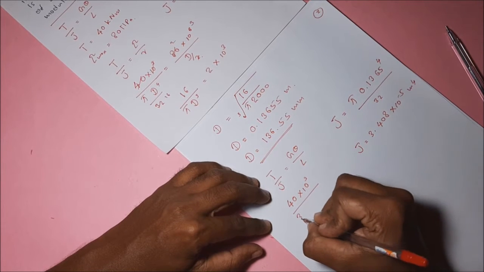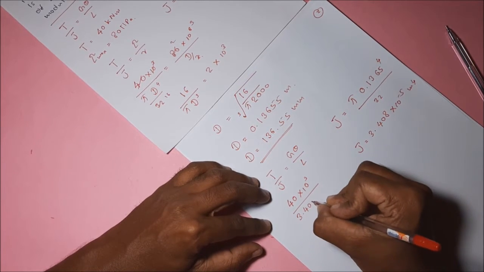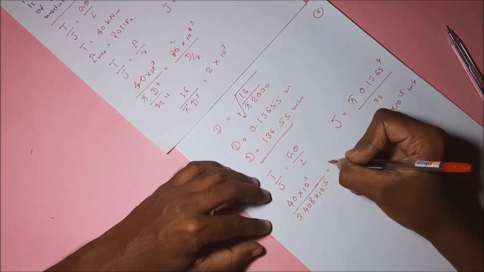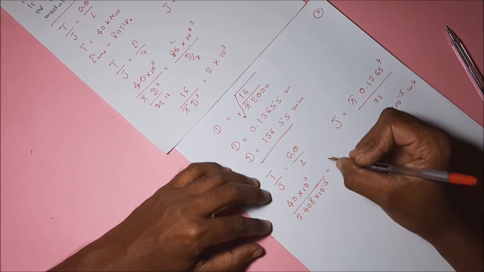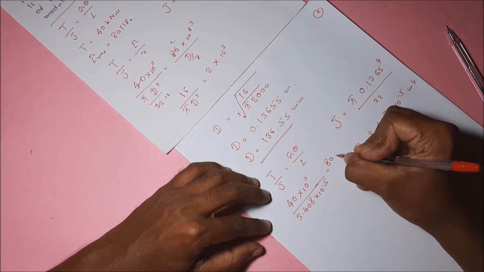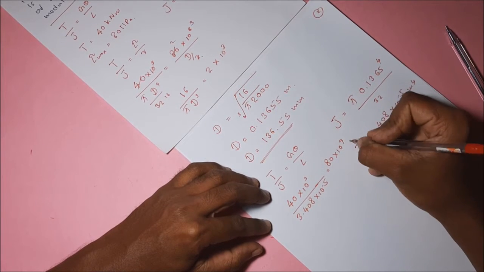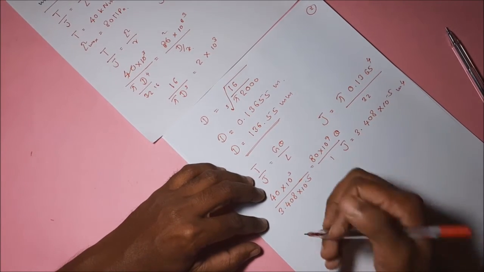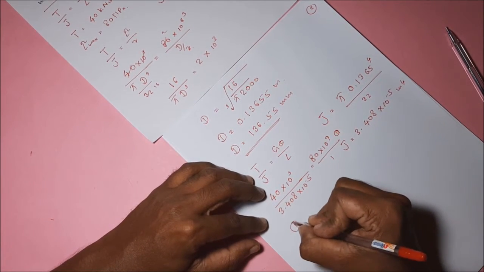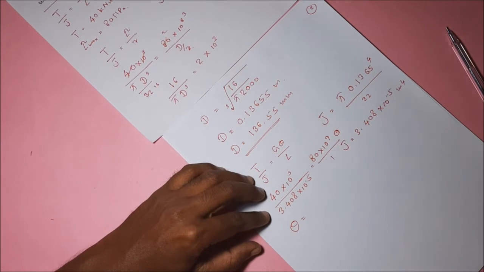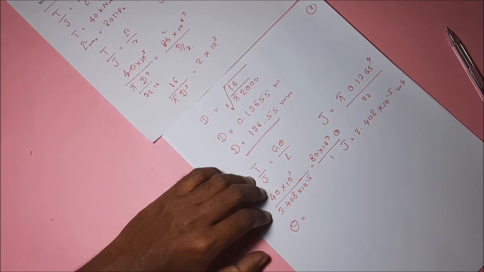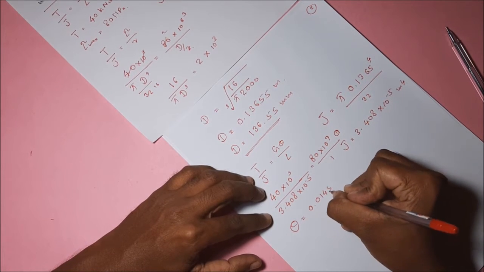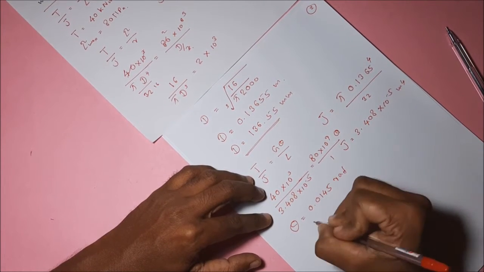Then 3.408 into 10 to the power of minus 5 is equal to, the modulus of rigidity is also given, 80 gigapascal, 10 to the power of 9, theta divided by 1 meter length. So if we make theta the subject and simplify, you will get 0.0145 radians.